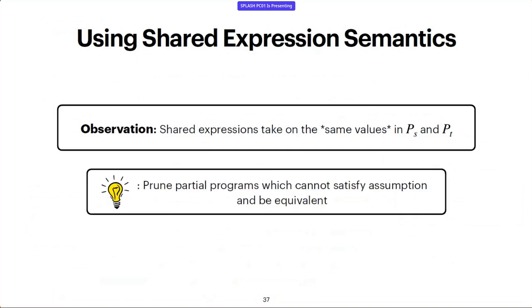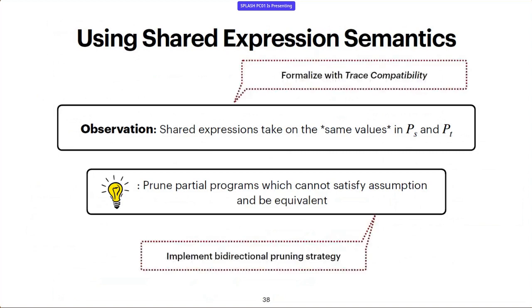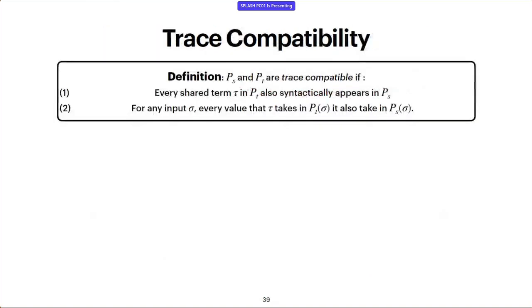Our idea here is to prune partial programs for which we can prove that no completion of that program can be equivalent to the source program and satisfy the trace compatibility assumption. In order to formalize this, we will define our trace compatibility assumption, which is essentially our observation. And then to implement this pruning strategy, I'll describe the bidirectional pruning algorithm that we've developed.